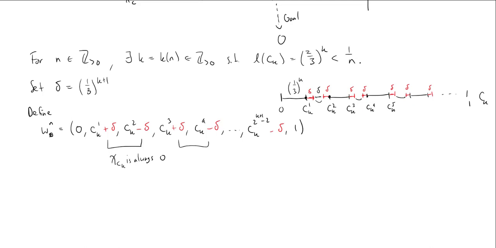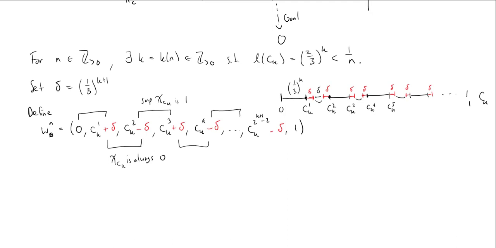So when I compute my upper sum, I don't need to worry about those parts of the partition. Where I do get something is, for example, here from 0 to C_1, or anything from an even to an odd. That's going to give me something because now the supremum on this interval, well, sometimes I get 0, sometimes I get 1, but the supremum of chi C_k is 1.